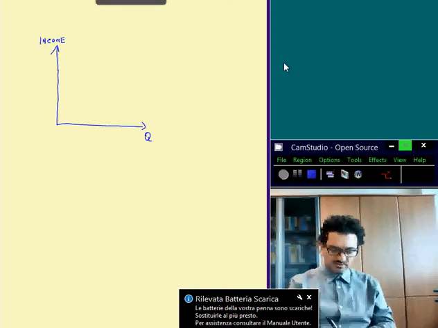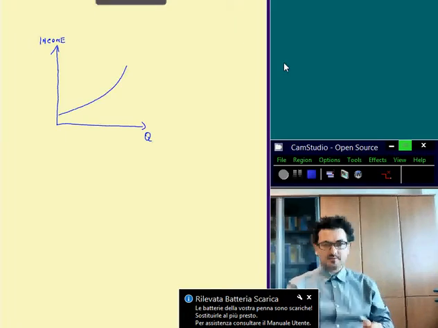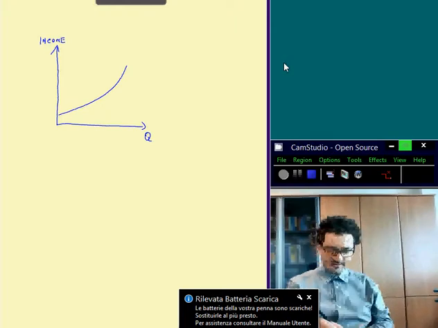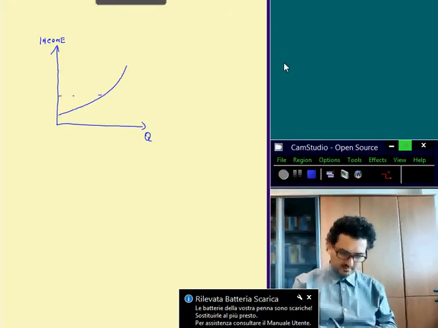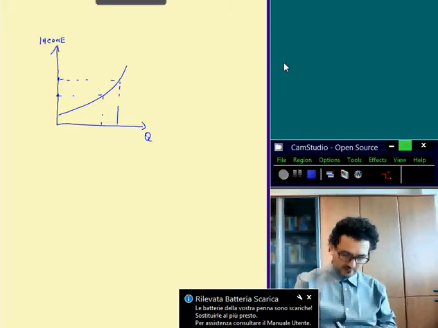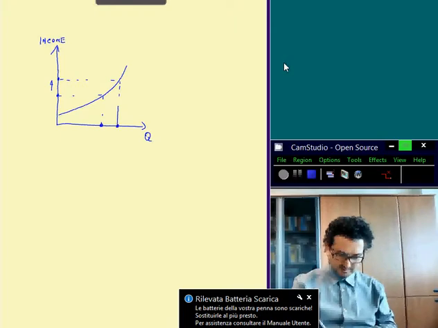For normal goods, this relation is a growing relation, a relation of this type, which means that if we have an increase in income from this level to this level, for example, we have also an increase in the demanded quantity. So if we have an increase in income, here we can observe also an increase in the demanded quantity, and this is the normal case.